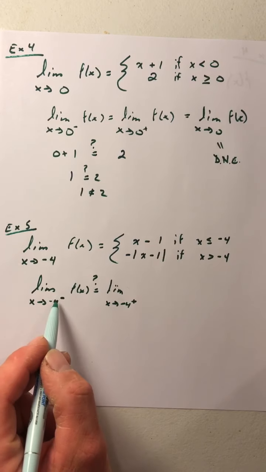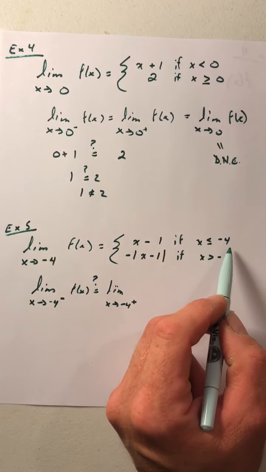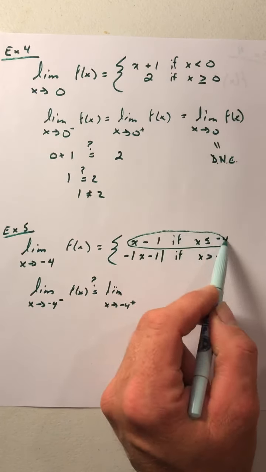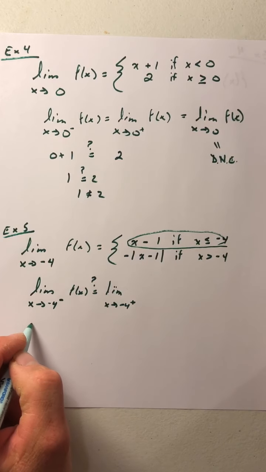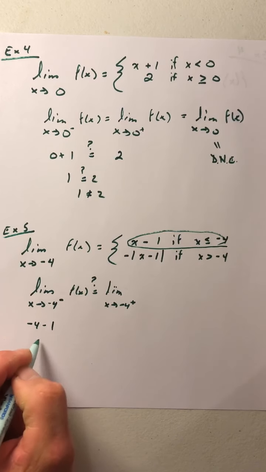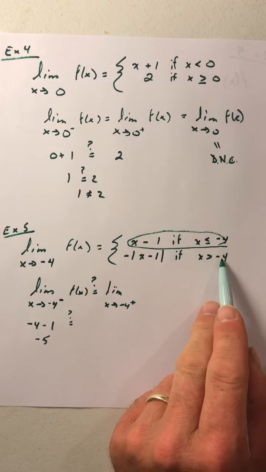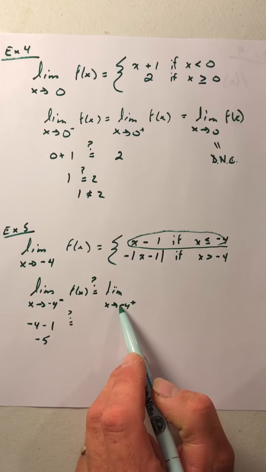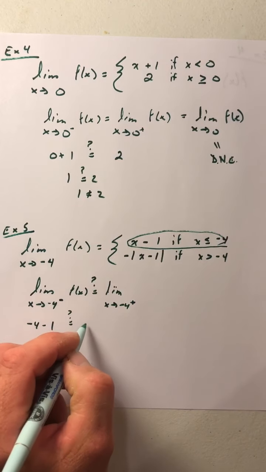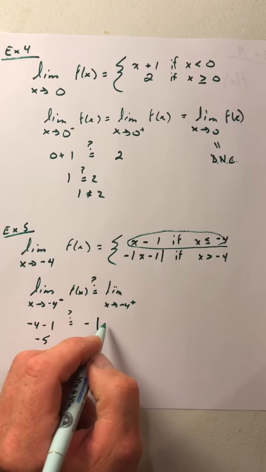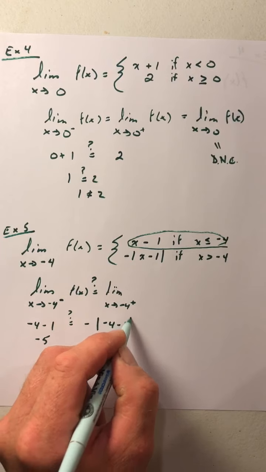On the left side, or the negative side of negative 4, I'm looking at the top part here. So I'm going to plug in my negative 4. Negative 4 minus 1 gives me negative 5. Does that equal what I get when I plug in negative 4 on the right side, the positive side of this function? Here I have the negative of the absolute value of negative 4 minus 1.